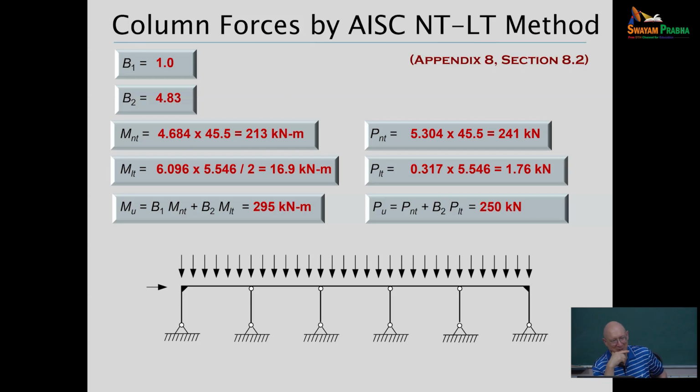So you can see we're getting some huge larger effects in this structure. It means that if we do a frame by first order analysis, and if we go to direct analysis second order, this is amplified almost 4 times. Yeah, that is correct. Huge amplification. So whatever buildings we are designing with first order analysis, if we do the same with the second order direct analysis method, it will fail by 4 times.